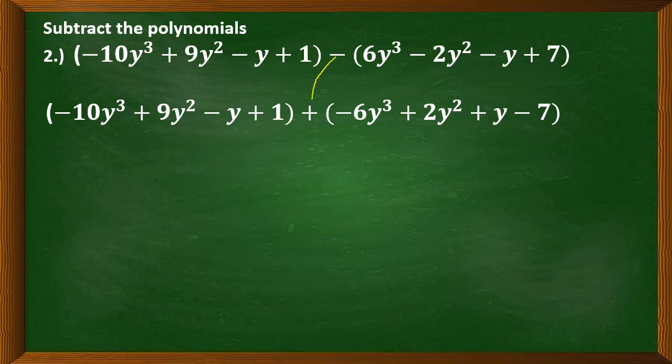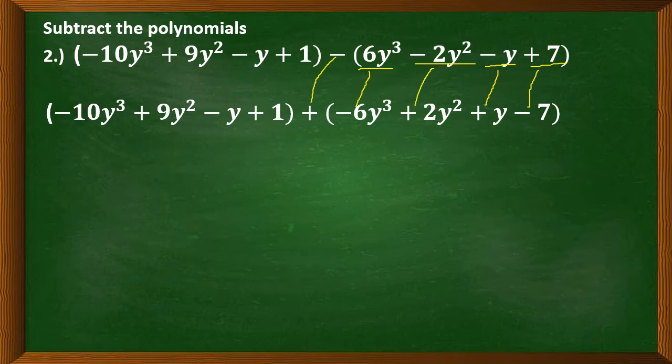Then the sign of every term in the subtrahend will be changed. So this positive 6y cubed becomes negative 6y cubed. Negative 2y squared becomes positive 2y squared. Negative y becomes positive y, while positive 7 becomes negative 7.